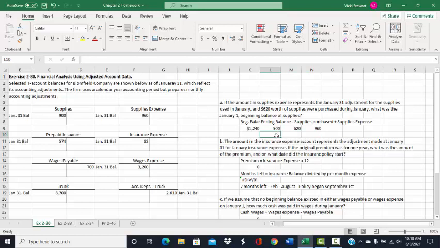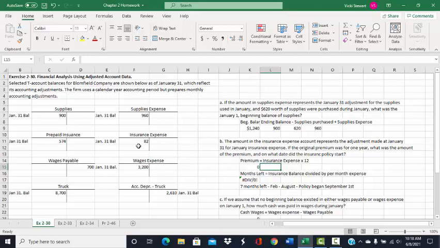The B portion states that the amount in the insurance expense account represents the adjustment made at January 31st for January insurance expense. If the original premium was for 1 year, what was the amount of the premium and on what date did the insurance policy start?